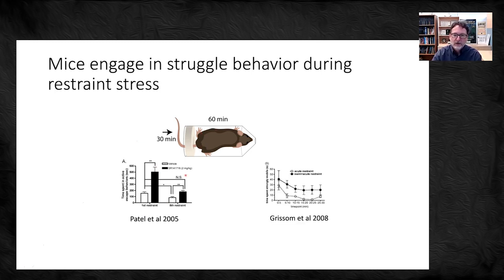And then Nicola Grissom also showed that if an animal was stressed prior to being placed in the restraint tube, this also increased these active coping bouts, or these escape attempts that the animal engaged in. So these active events that occurred during the stress are something that we are interested in studying and looking at how activity in the insula and BNST correlates with those active coping events.